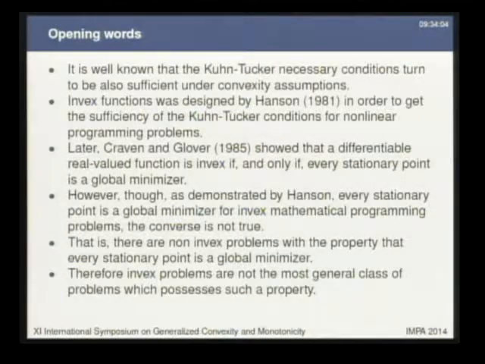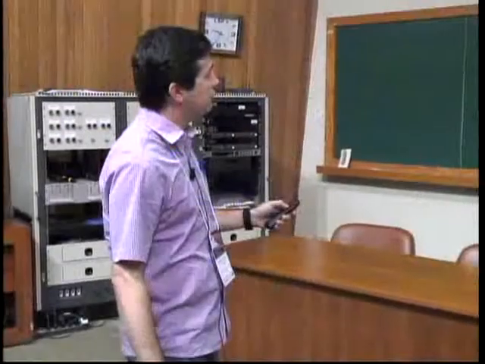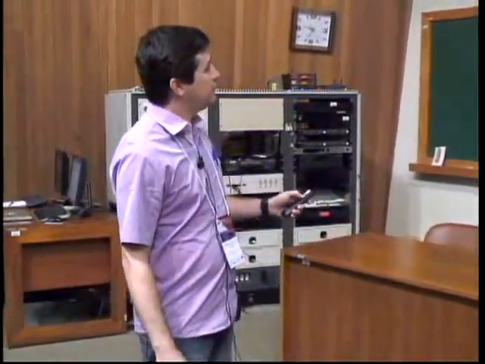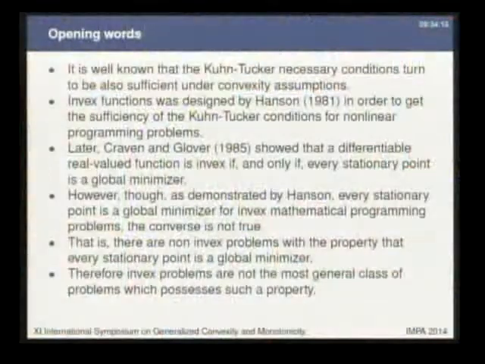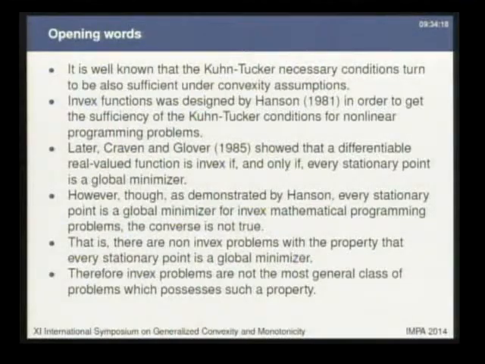It's well known that the Kuhn-Tucker necessary conditions are also sufficient under convex assumptions. With this in mind, invex functions were designed by Hanson in order to get the sufficiency of the Kuhn-Tucker conditions for nonlinear programming problems. Later, Craven and Glover showed that a differentiable real-valued function is invex if and only if every stationary point is a global minimizer.